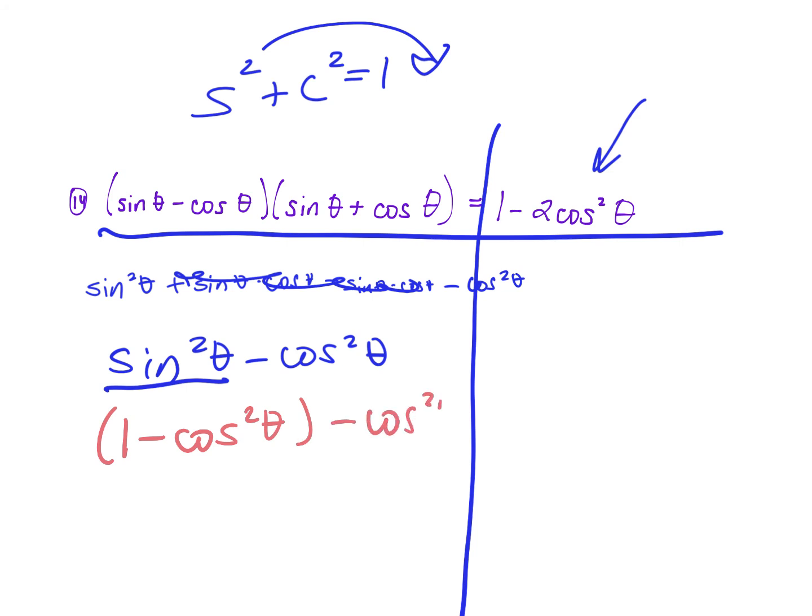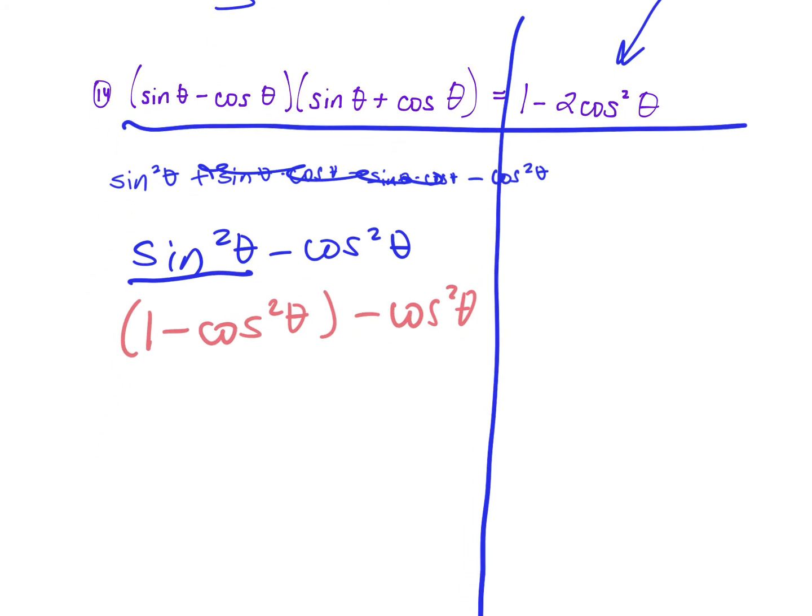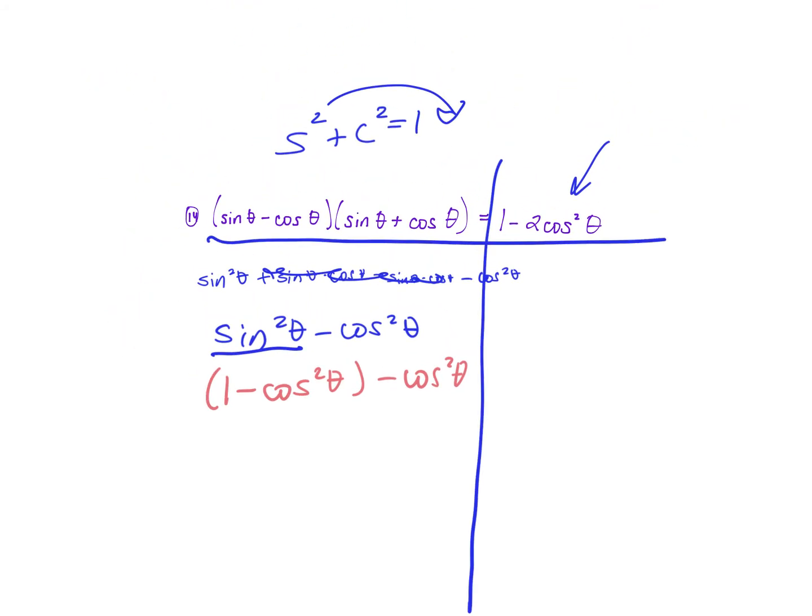Minus cosine squared theta. You guys agree? All I did was manipulate this. I moved the sine over. I got 1 minus sine squared equals cosine squared. There's no way I could have gotten sine squared plus cosine squared equal to 1. You move the cosine over. Say it again? You might move the cosine over. Yes, I'm sorry. I was thinking, I wanted it to be in terms of sine. Yeah.